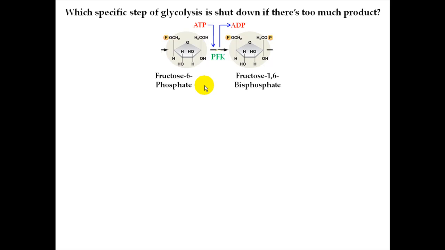To be more specific, this enzyme can be activated or inhibited depending on the cell's needs, that is, depending on whether it needs more ATP or needs to cut down on ATP production. To see how this enzyme is activated or inhibited, let's take a closer peek at it.